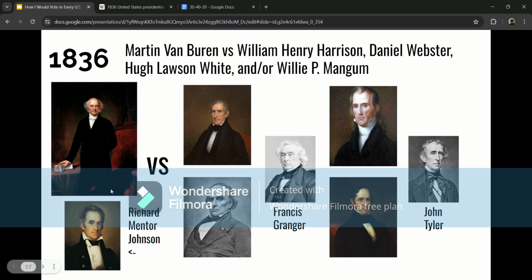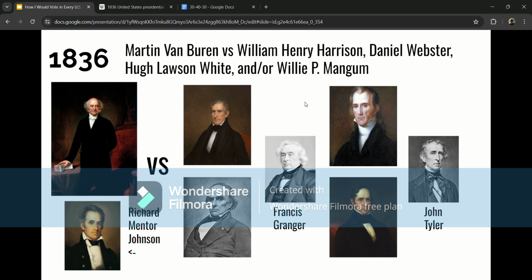But pretty much being seen as a continuation of Andrew Jackson's policies, running against 4 different candidates from the newly formed political party called the Whigs, WHIG, named after the Whigs of England back in the mid 1700s, if I'm not mistaken.